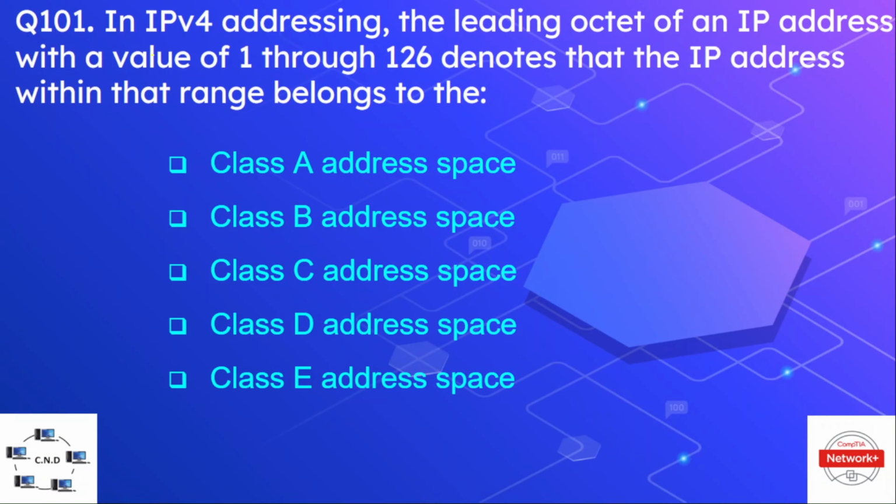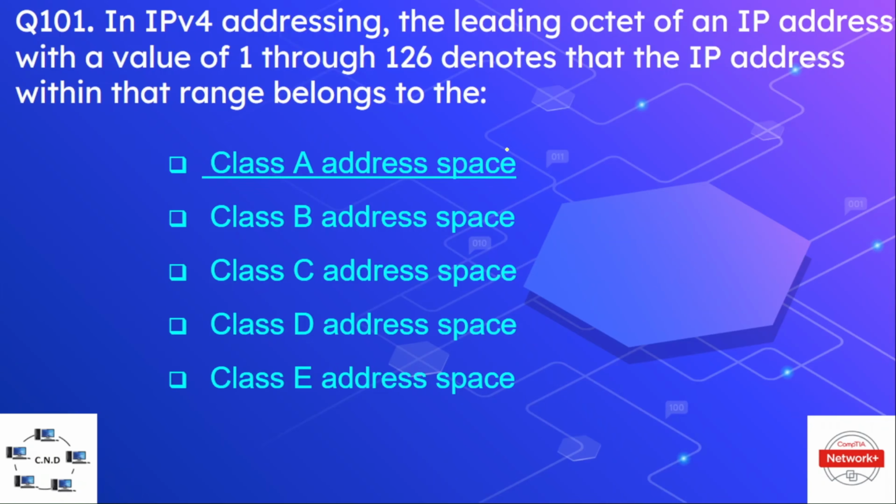Question number 101 is that in IPv4 addressing, the leading octet of an IP address with a value of 1 through 126 denotes that the IP address within that range belongs to, and the options are class A address space, class B address space, class C address space, class D address space, or class E address space.